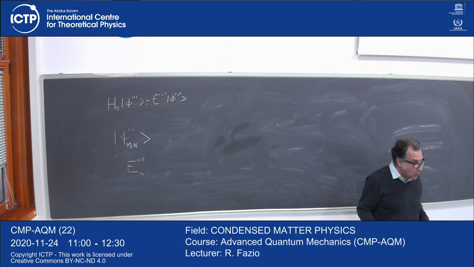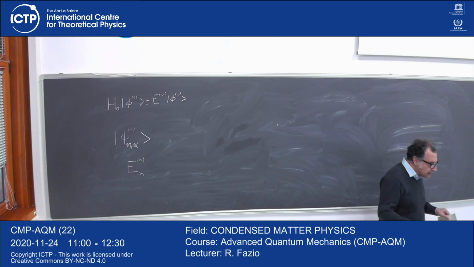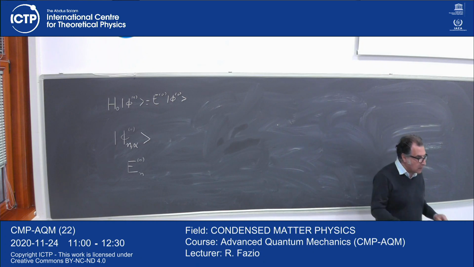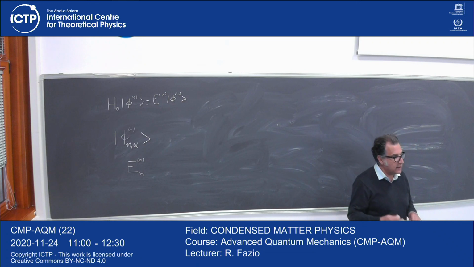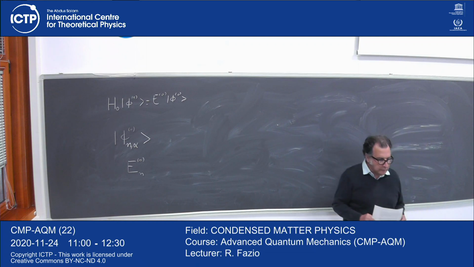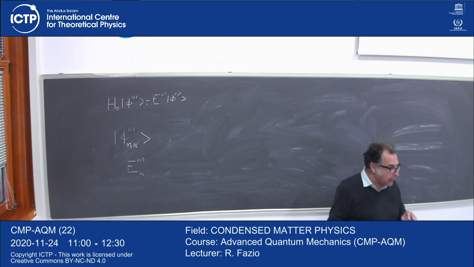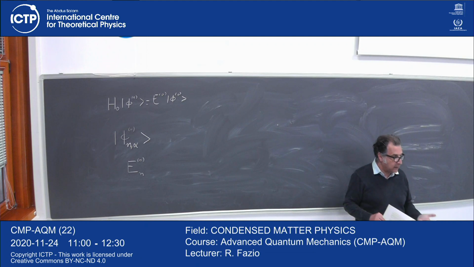So if you try to apply non-degenerate perturbation theory to the case in which there are certain degeneracies, then the formulas do not work. So we have to do something else. I'm going to show you what you are supposed to do when you encounter degeneracies in the spectrum.